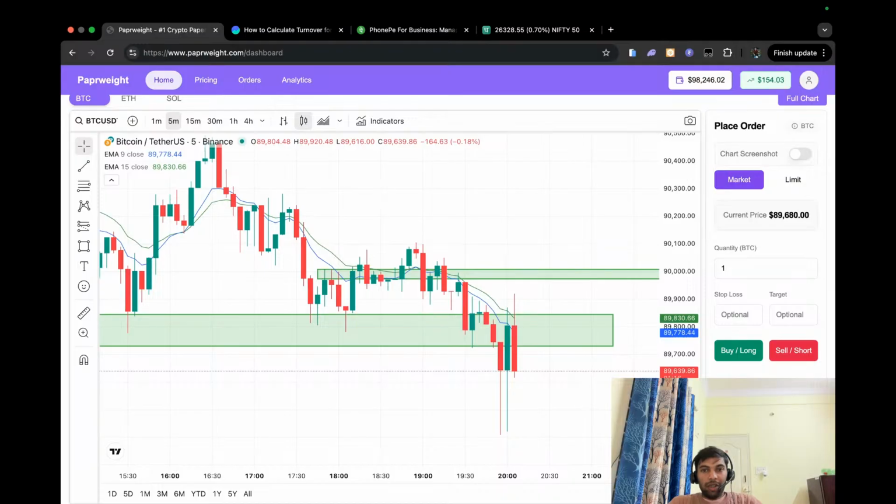Still 1 minute and 15 seconds to go to close this candle, and this candle is dancing between highs and lows. 30 more seconds to go.